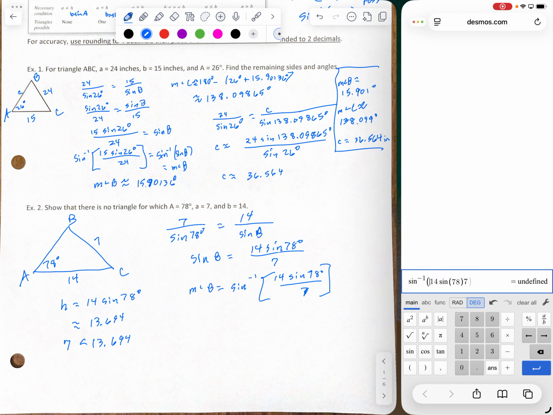And so the little side is between the height and the big side. 12 is less than 8.999 is less than 14. So I know there are two triangles.